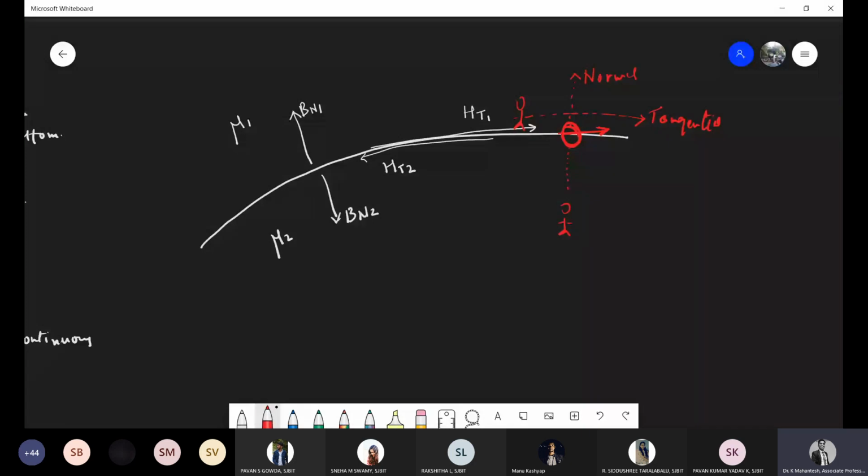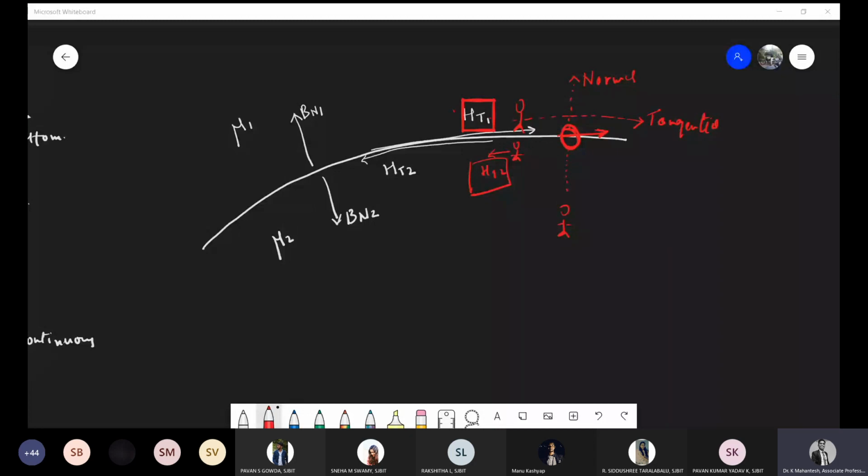One with respect to medium one: what happens here if I'm trying to travel, whether your HT component is continuous, whether your magnetic field remains continuous, or it is discontinuous. Similarly, if I am trying to travel in this direction, this is HT2. So HT is continuous. Tangential components of H is continuous. Hope it is clear. Is it clear now?